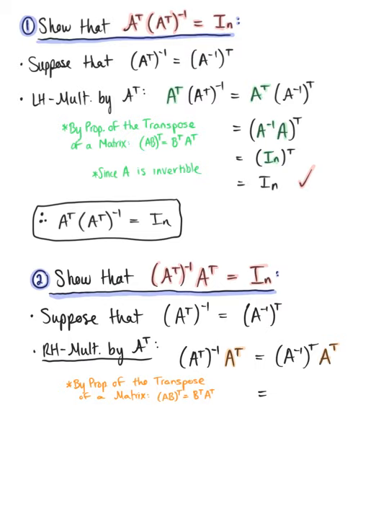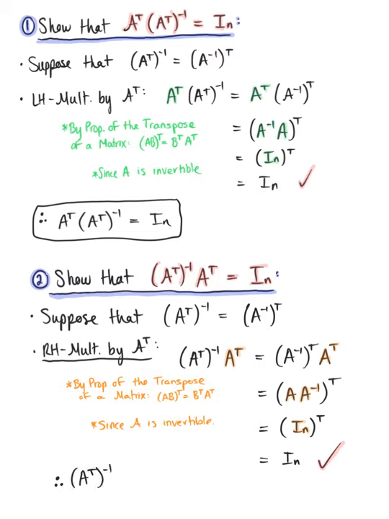So this is equal to the product matrix A multiplied by the inverse of matrix A, transposed. And since matrix A is invertible, we have the transpose of the n by n identity matrix, which again is just the n by n identity matrix, and exactly what we need. Woohoo! And so we can say that, therefore, the inverse of A transpose multiplied by A transpose is the n by n identity matrix.